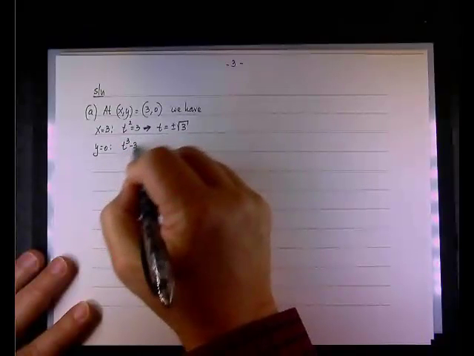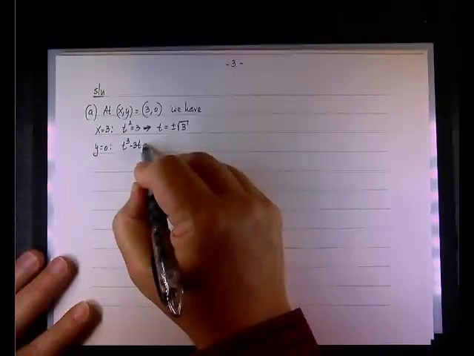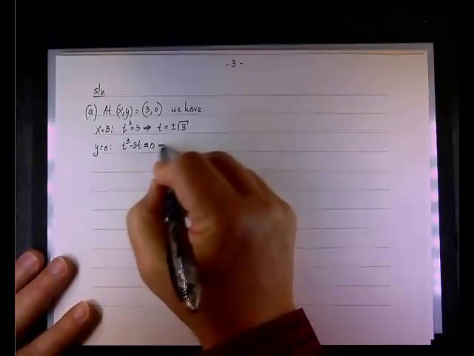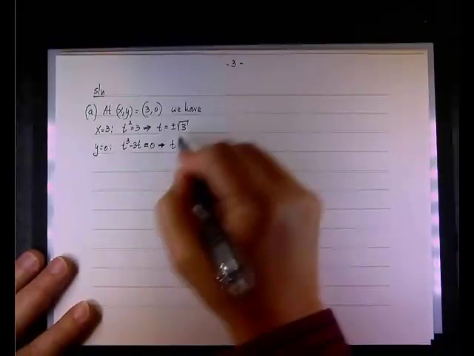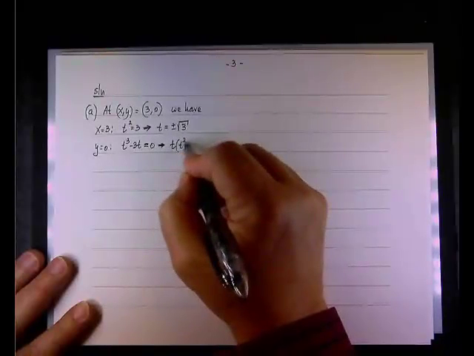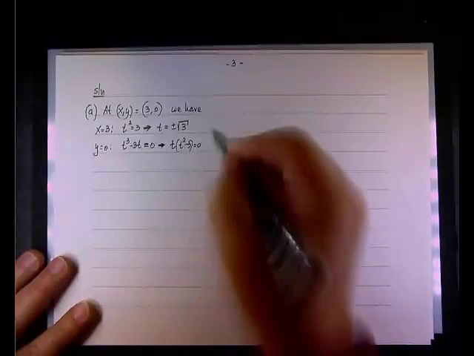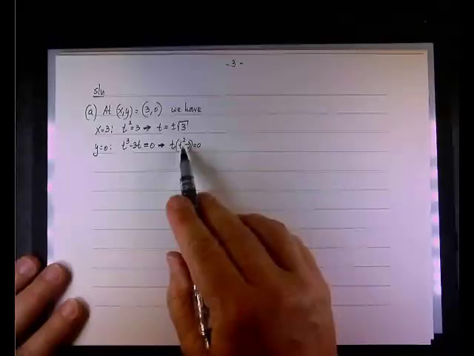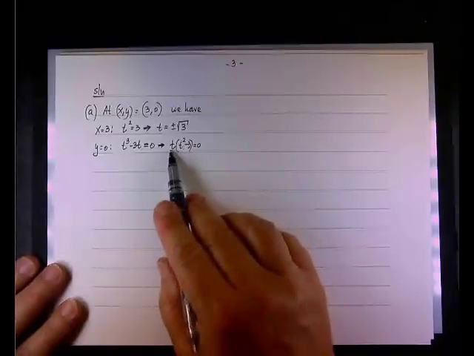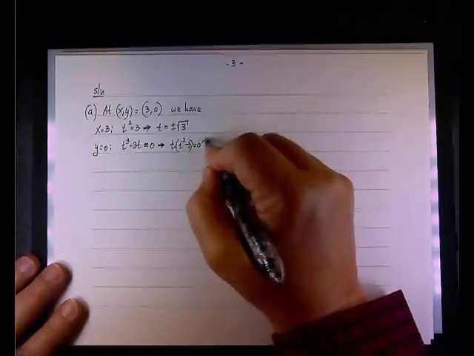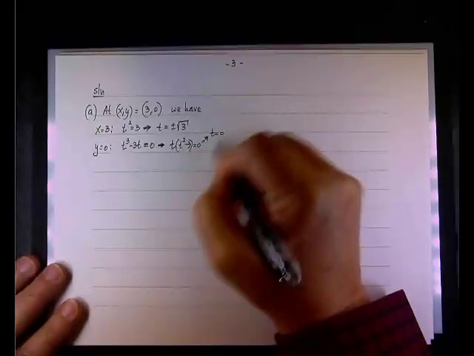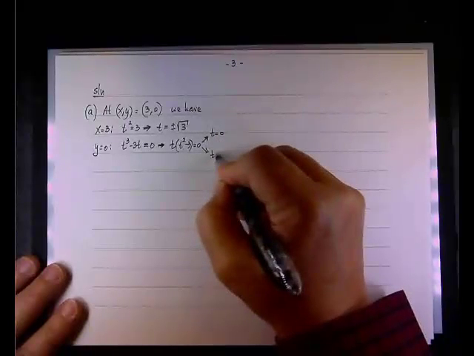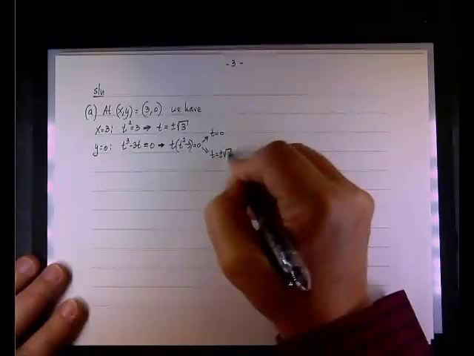What happens when y equals 0? Well, y is t cubed minus 3t, so it is equal to 0, and we get t times t squared minus 3 equals 0. So here we have, again, t squared equals 3, but also now we have t equals 0 as well.